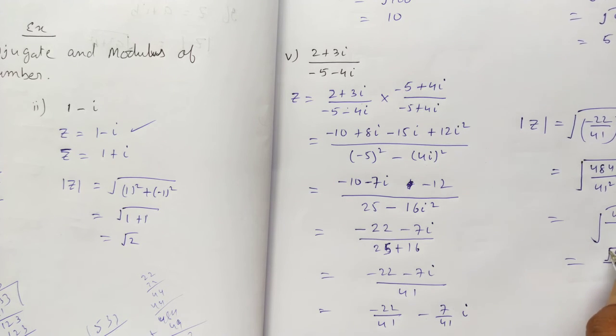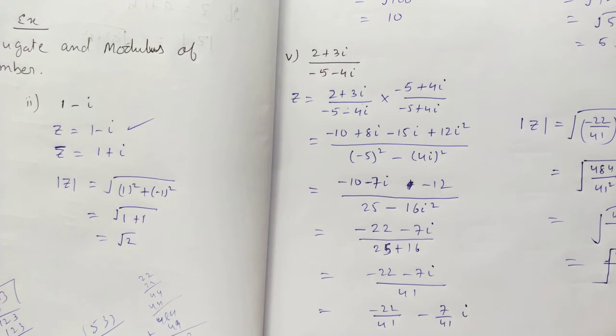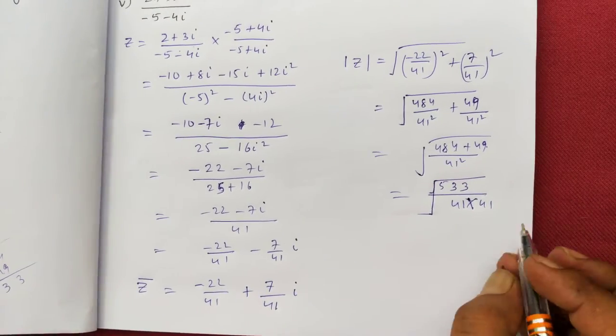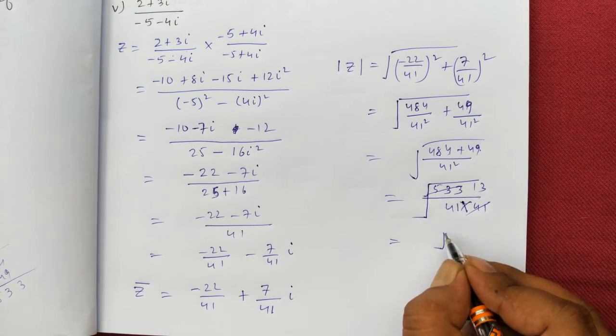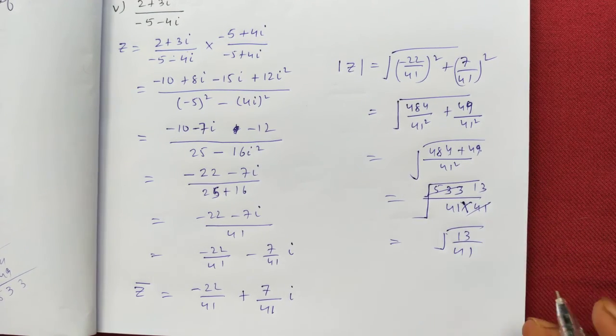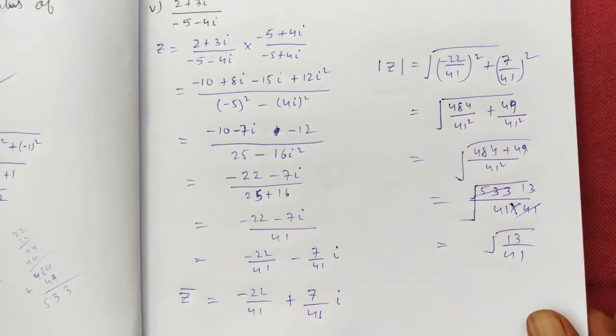The denominator will be kept as it is. 41 square means 41 into 41. If you cut this by 41, 13 times it goes, so the answer is 13 by 41. You can pause the video to write the solution.